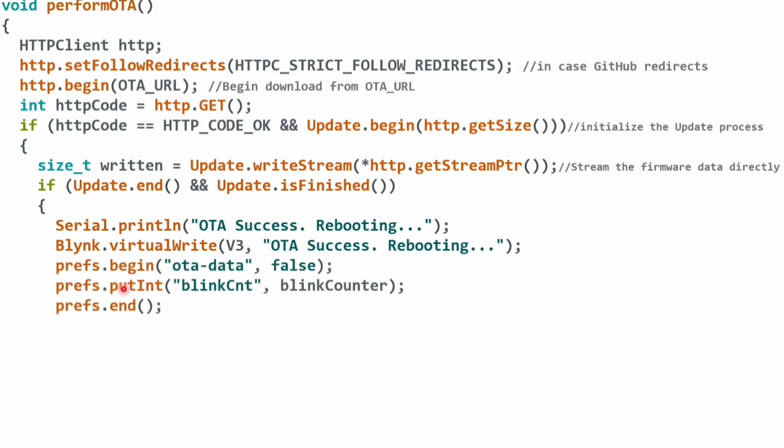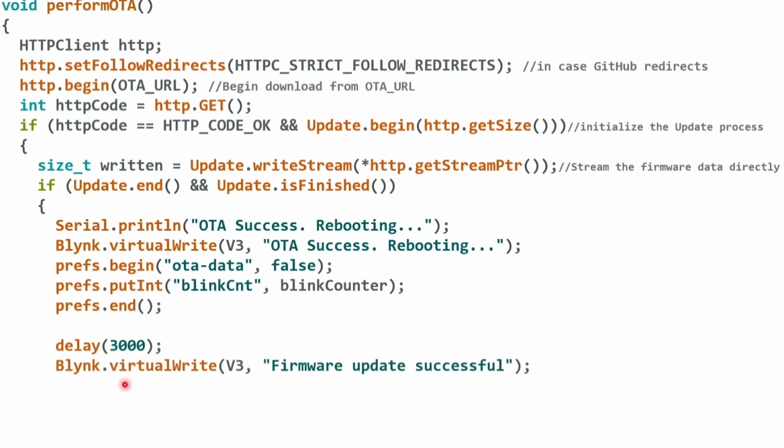Now it's time to restart the ESP32, but before we restart it, the best approach is to store the final blink count. By writing these three functions again, we are going to store the blink count inside the ESP32 non-volatile memory. Delay of 3 seconds. Then we are going to write "firmware update successful" on virtual pin V3.